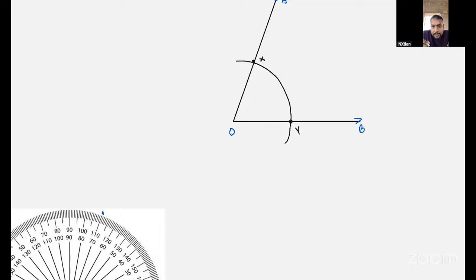Okay, done? Everyone done? Now measure X and Y. Measure X and Y, and then draw an arc, putting the needle on Y and draw an arc like this.